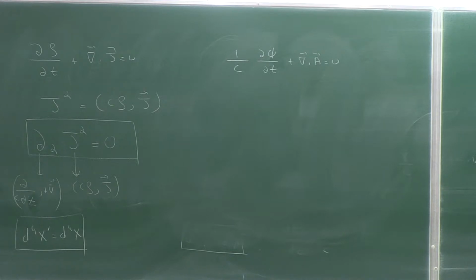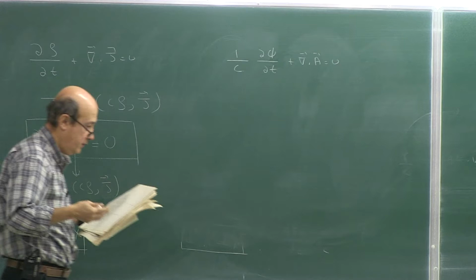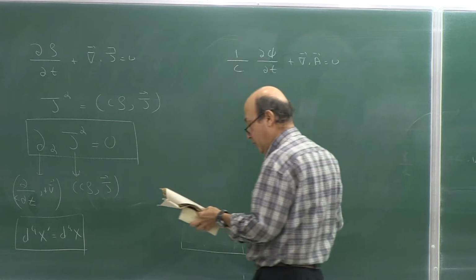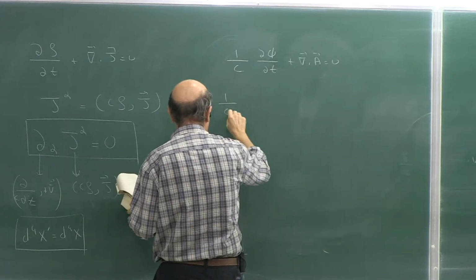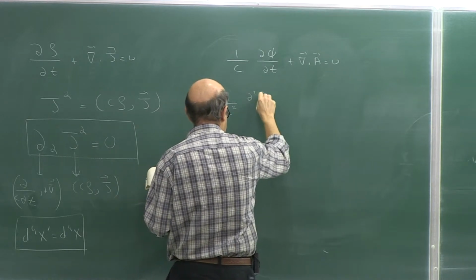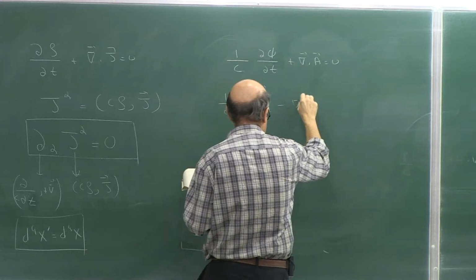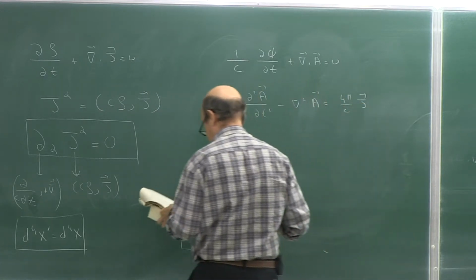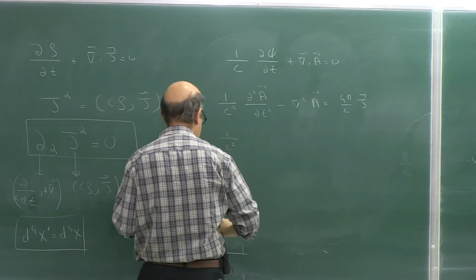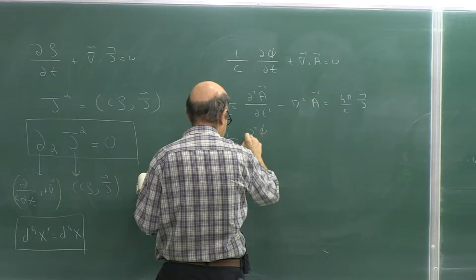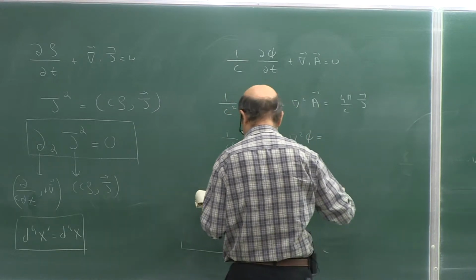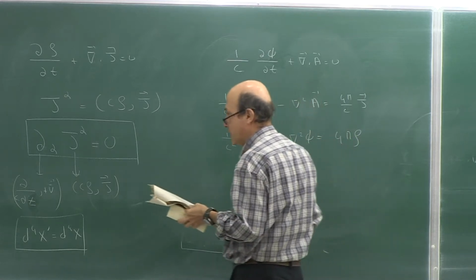And under this condition, you know that the equations representing Maxwell's equations in terms of the scalar and vector potentials decouple as non-homogeneous wave equations: 1 over c squared del squared A over del t squared minus Laplacian of A is equal to 4 pi over c times the current density, and the other is 1 over c squared del squared scalar potential over del t squared minus Laplacian of scalar potential is equal to 4 pi times the charge density.